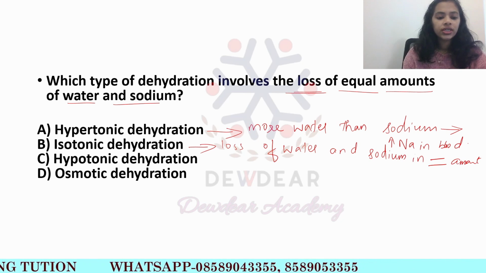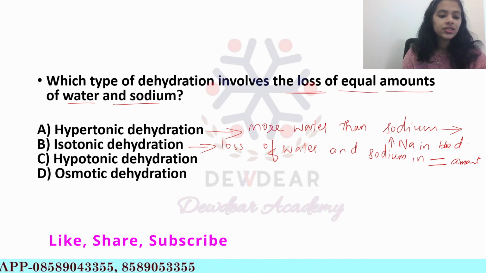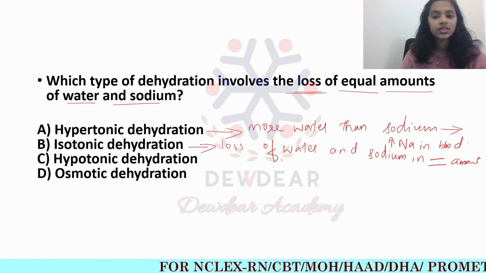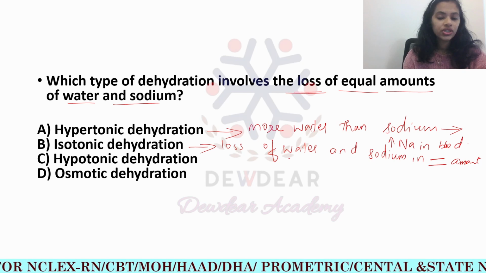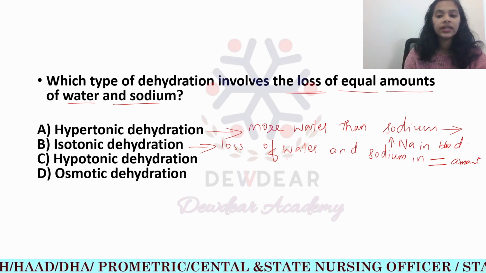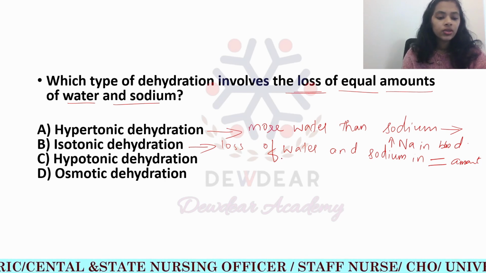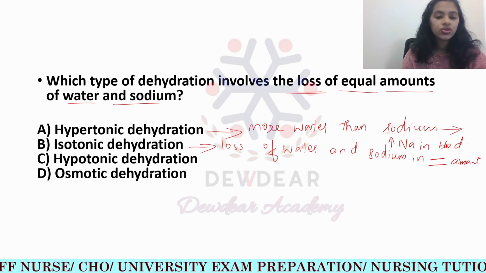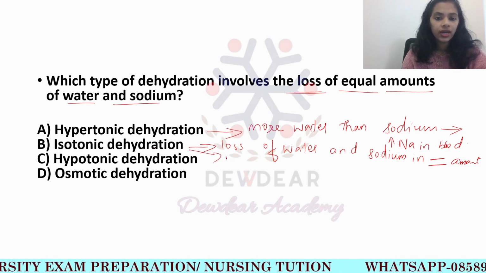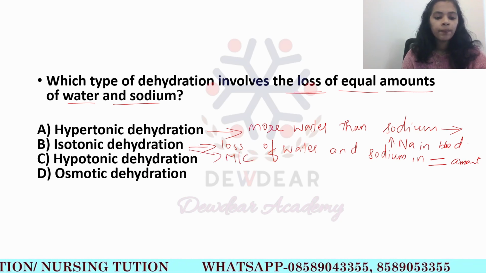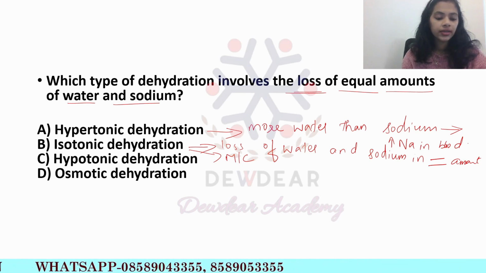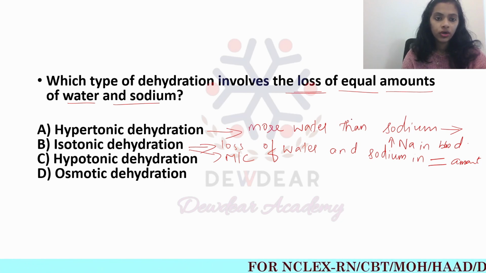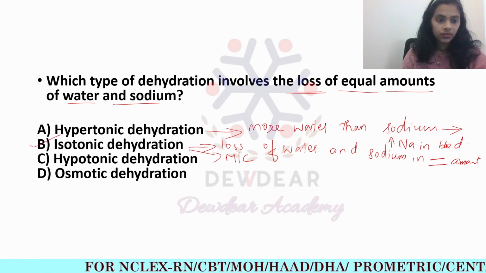That leads to a reduction in the extracellular fluid volume, but it does not affect the osmolarity of the blood, because equal amounts of water and sodium are lost. So the fluid lost is isotonic compared to the body's fluid. This is the most common type of dehydration, resulting from vomiting, diarrhea or excessive sweating. So in this question, the loss of equal amounts of water and sodium, the correct answer is option B.